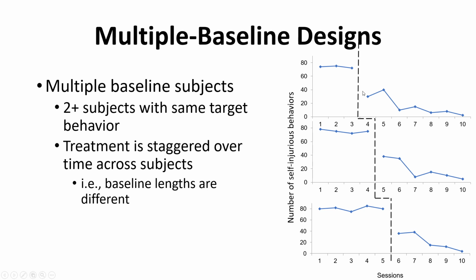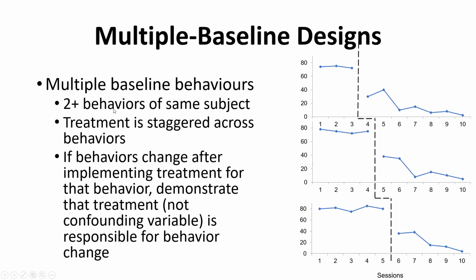And we're seeing that same drop, where the baseline is higher than the treatment phase in all 3 individuals, regardless of when the intervention happened. So we're saying that time wasn't affecting this; it's the treatment that's a lot more likely to be affecting them. By having that replication, by seeing the same pattern in 3 different subjects, we're a lot more confident in that causal relationship.